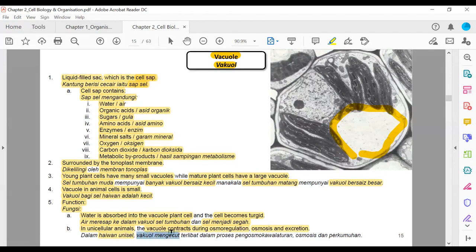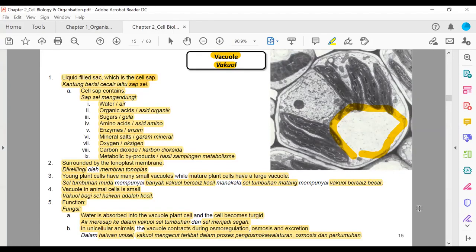Vacuole mengecut, terlibat dalam proses pengosmokawalaturan, osmosis, dan perkumuhan. So kita ada contoh unicellular animals, haiwan unicell seperti amoeba dan juga paramecium.